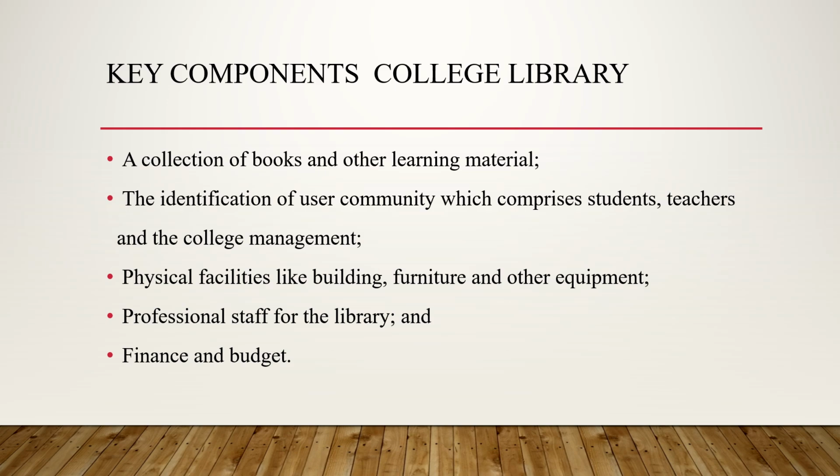Thirdly, adequate infrastructure such as building, furniture, computers, and internet facilities. Fourth, qualified professional library staff. Fifth, proper finance and budget for library development. Without these five components, effective library services cannot be provided.